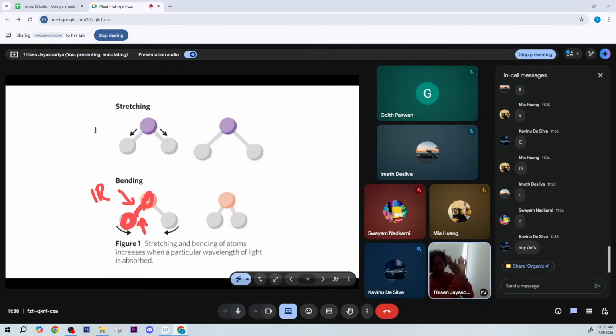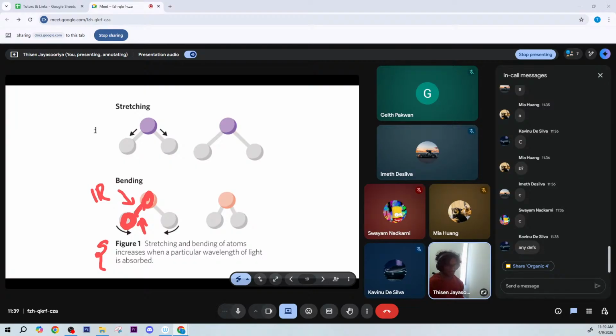If you're ever interested in how they can stretch, there are probably some great videos out there. But essentially, it hits the bond and causes it to move. And that movement is how we determine the IR stuff.